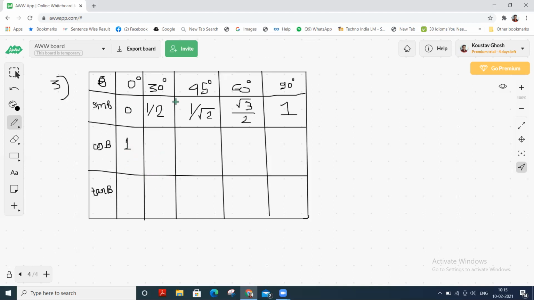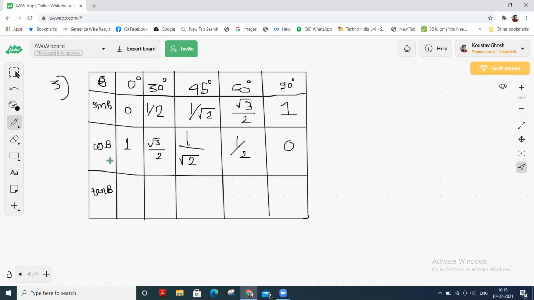In the same way, cos 30 degrees is root 3 by 2, the same as sine 60. Cos 45 is 1 by root 2. Cos 60 is half, as sine 30 is half. And as sine 90 degree is 1 and sine 0 is 0, cos 90 is 0.